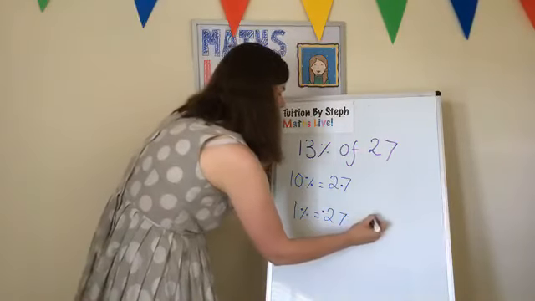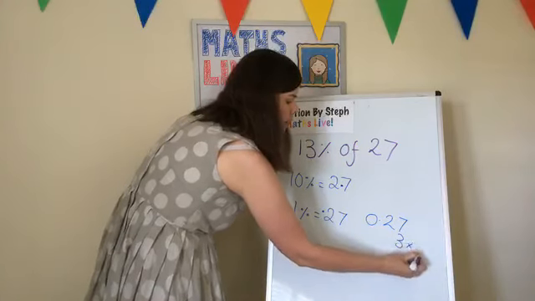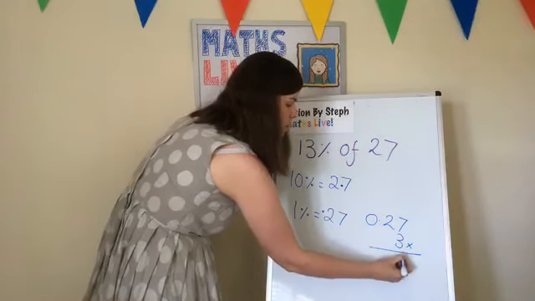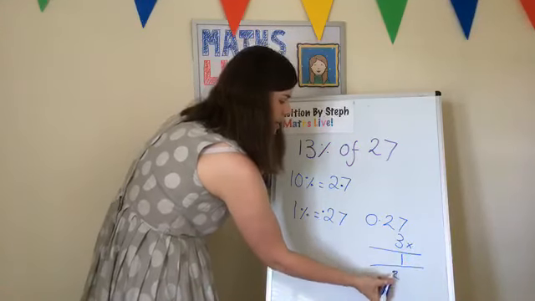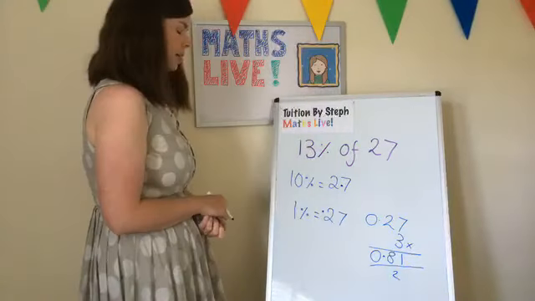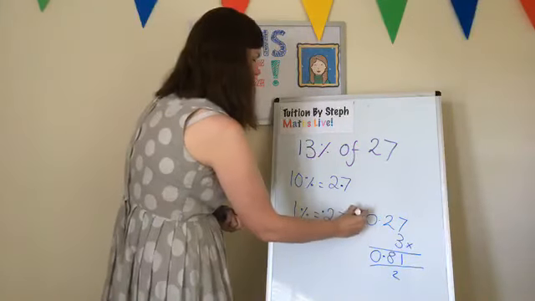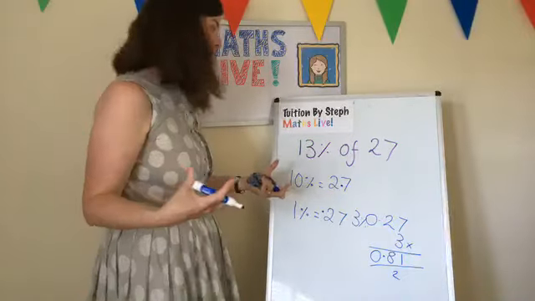So now I need to times my 0.27 by 3. So 3 sevens are 21. 3 twos are 6, 7, 8. And then I've got my 0 point: 0.81. Right, I've got 3% and I've got 10%. I can now make 13%.